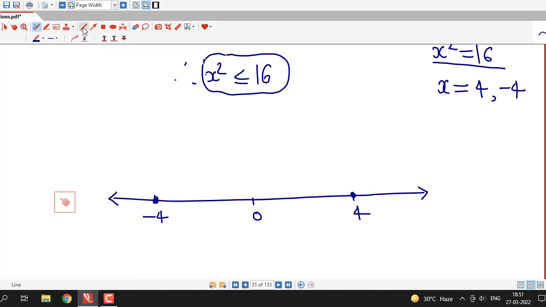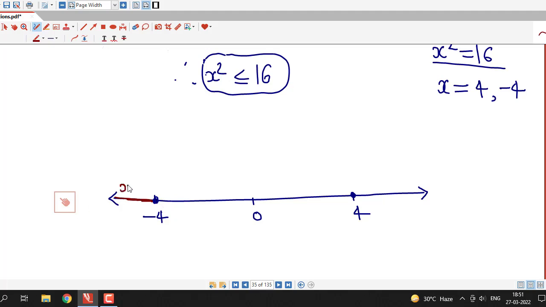So now we have three regions. We are to the left of minus 4, in between minus 4 and 4, and to the right of 4. First we check for this part. x equal to minus 4 is allowed because square of minus 4 is 16 and we have x square equal to 16, so that is allowed, minus 4 and 4.